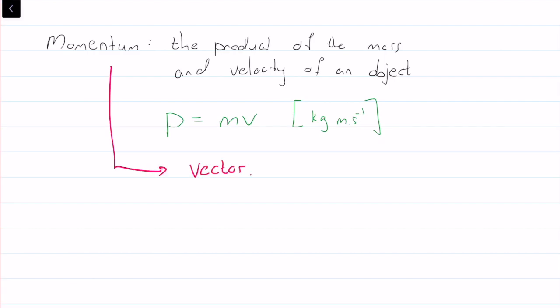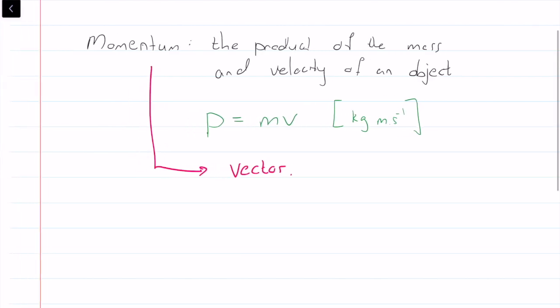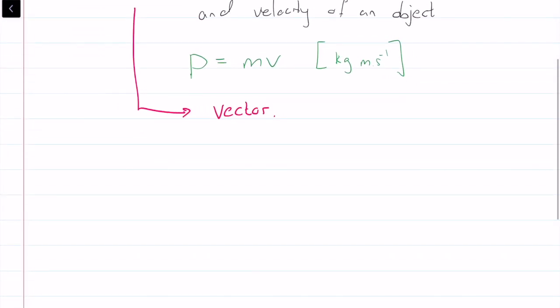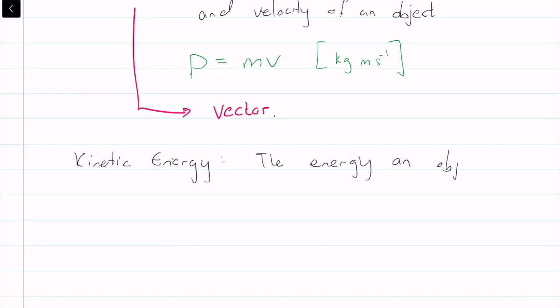Then we need to go over kinetic energy, or EK. So what is kinetic energy? Kinetic energy is the energy an object has as a result of the object's motion.